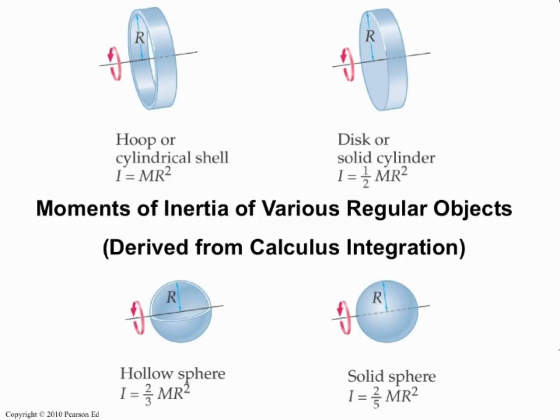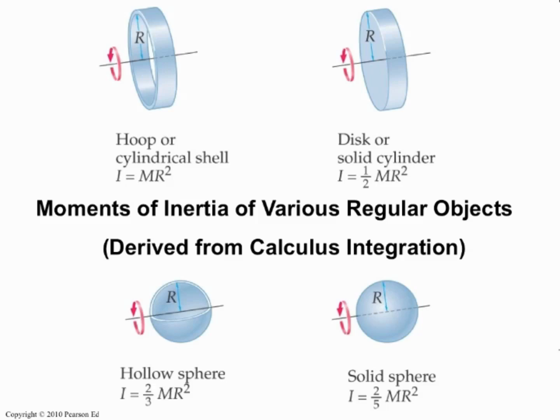The moments of inertia can be calculated just by doing the appropriate integration. Those of you who are in calculus now will know what I mean, although I'm not sure if you're on integration yet. You might still be on derivatives. But whether you're in calculus or not, it's really not too hard to just write these formulas down, because they're true of any shape like this.